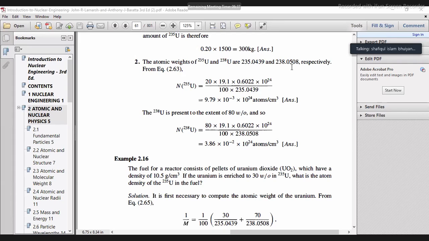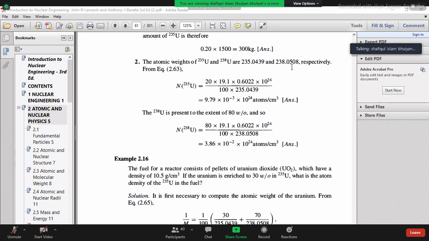The weight percent will be M of Mx over M of Mx plus M of My, multiplied by 100%.